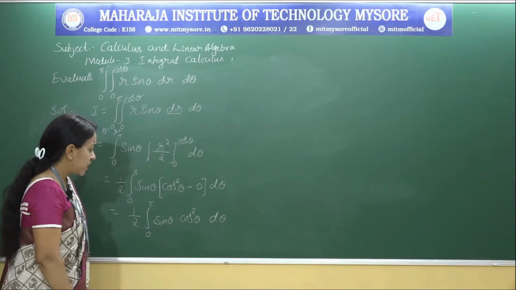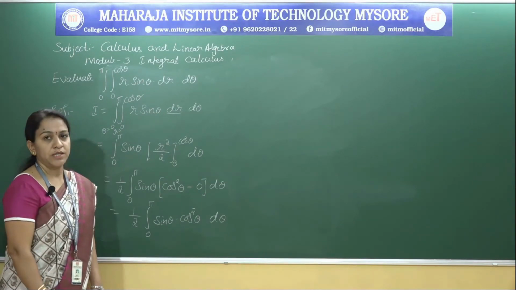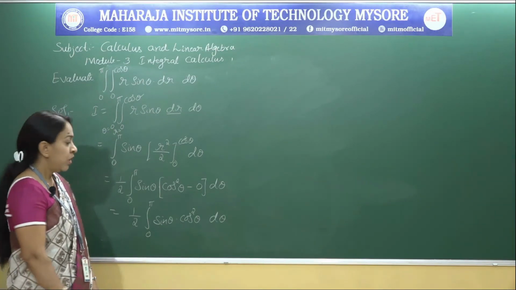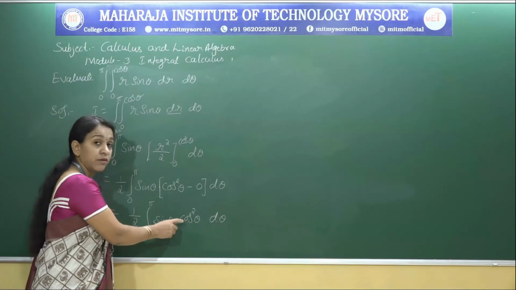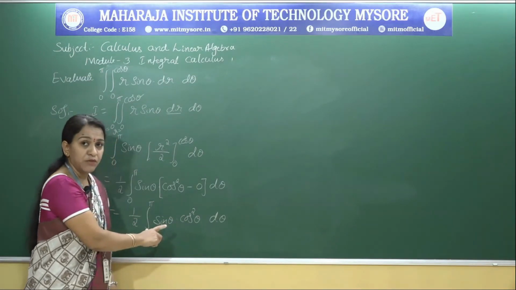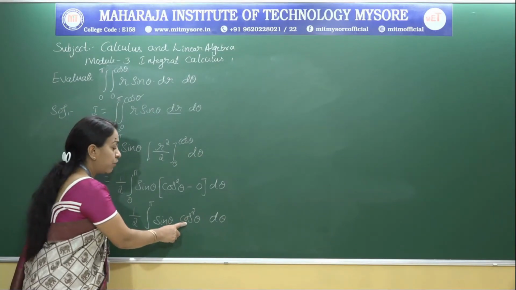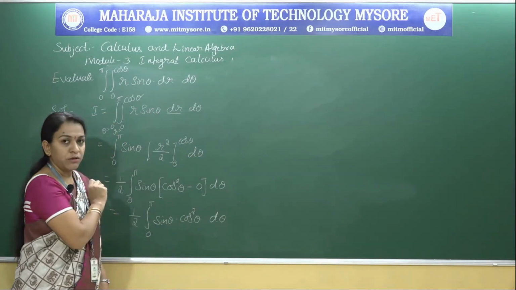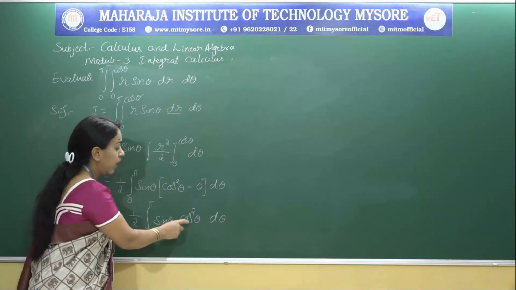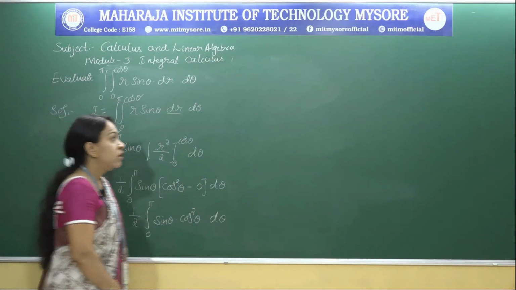Now how do we integrate sin into cos square? Of course, by the substitution method. We can't use integration by parts, we know that. We have to solve using the substitution method. Substitute for either the sin or the cos function. Of course, in this case, we have to substitute for the cos function.